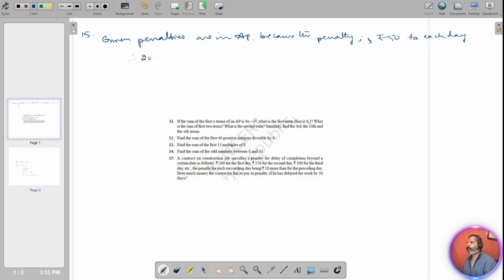Therefore 200, 250, 300, and so on. Here A is 200. D is 250 minus 200, that is 50. Penalty for 30 days they want, means N is 30 here, remember that. Just substitute that value and you get the penalty answer here.